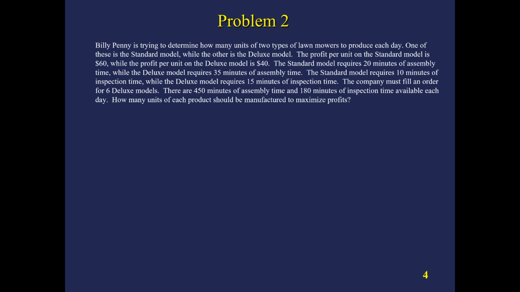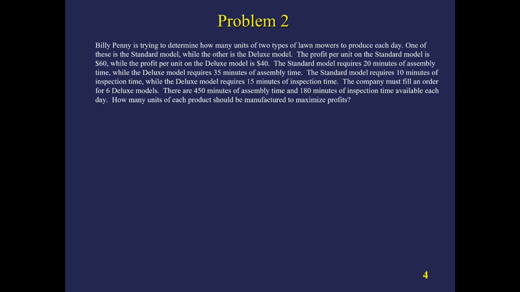The standard model requires 20 minutes of assembly time, while the deluxe model requires 35 minutes. The standard model requires 10 minutes of inspection time, while the deluxe model requires 15 minutes. The company must fill an order for 6 deluxe models. There are 450 minutes of assembly time and 180 minutes of inspection time available each day. How many units of each product should be manufactured to maximize profit?